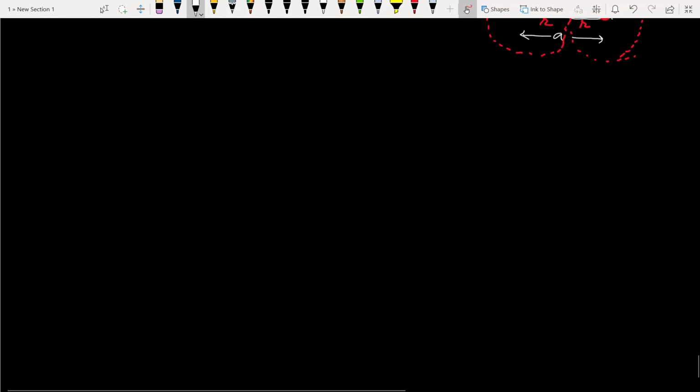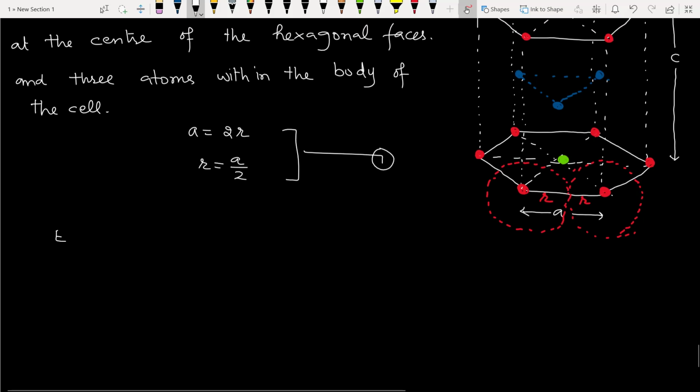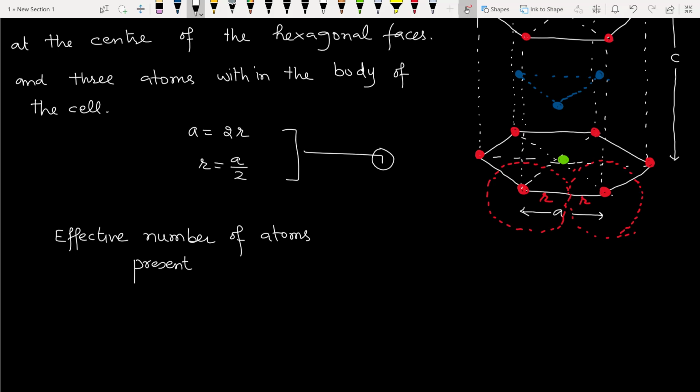Now we are to calculate the effective number of atoms present in the unit cell. 12 atoms at the corners, and as it is a hexagonal, each will be shared by 6 hexagonal units, so contribution towards 1 will be 1 by 6. 2 atoms at the faces, contribution of face is 1 by 2. 3 within the body, contribution is 1.